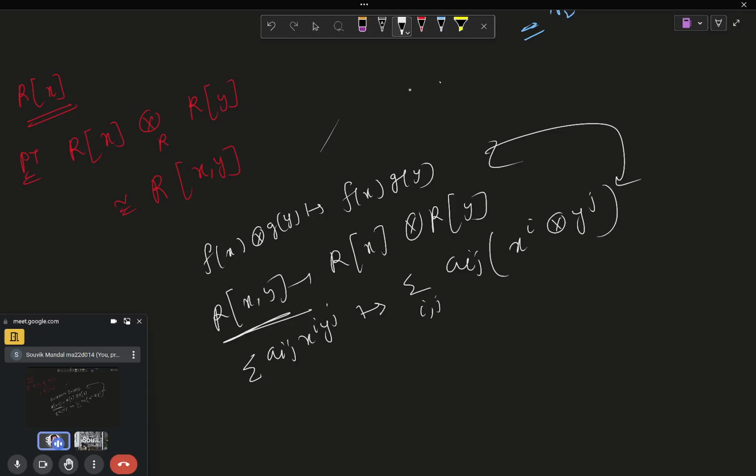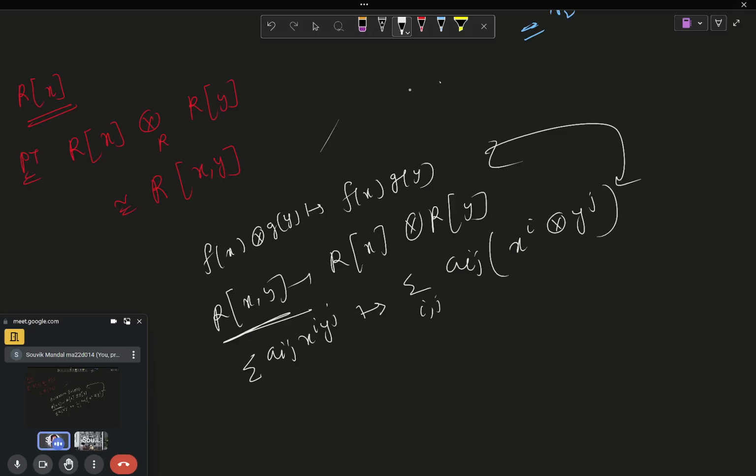Sir, can it be shown by directly using the theorems we have already done in class, rather than defining this map explicitly?